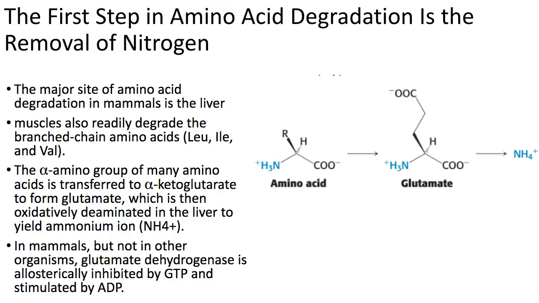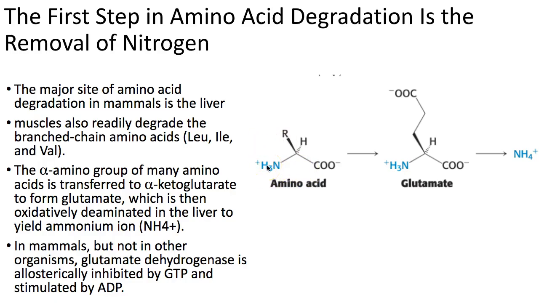Also, just note that muscles also readily degrade branched-chain amino acids, and there are examples listed here. And then, as far as the structure of what's going on, you have an amino acid and you have an alpha amino group that is right here.